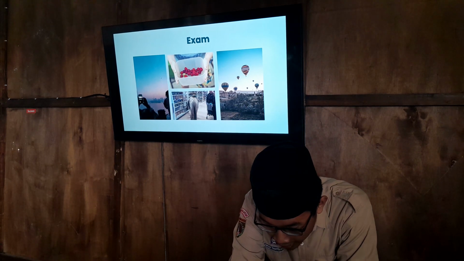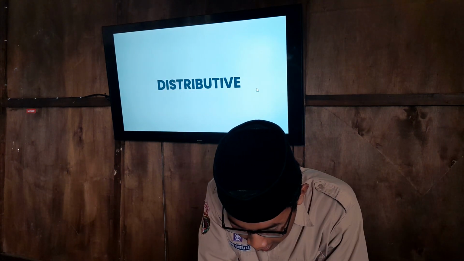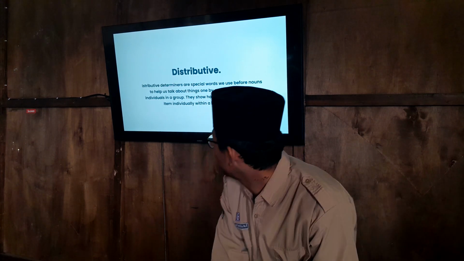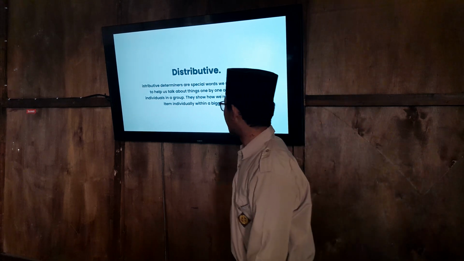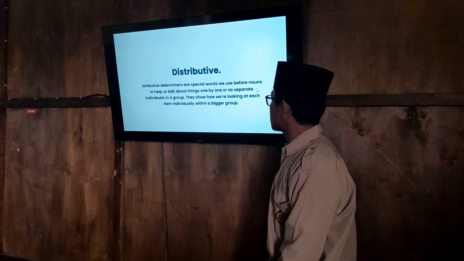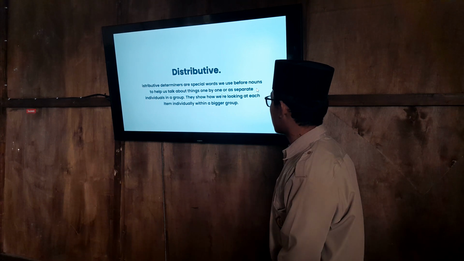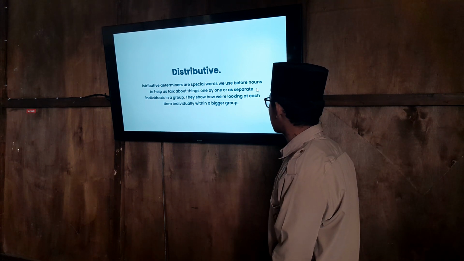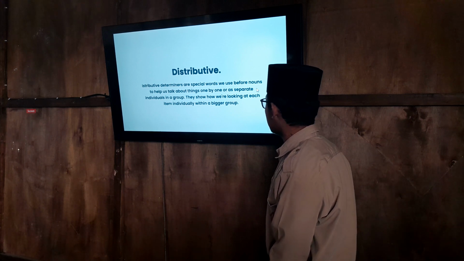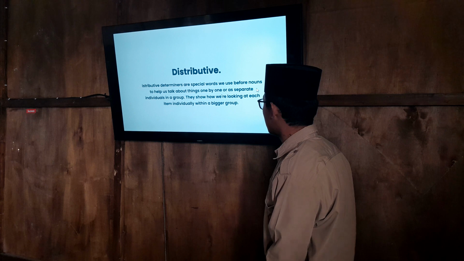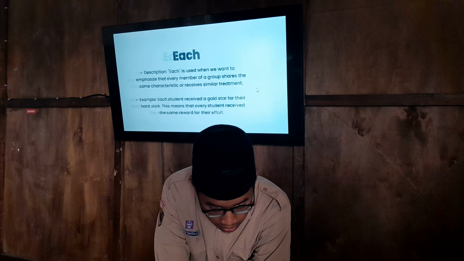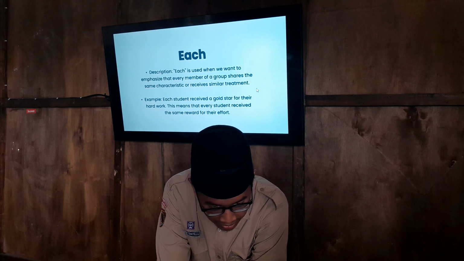Okay. Next, I want to talk about distributives. So what are distributives? Distributive determiners are special words we use before nouns to help us talk about things one by one, or as separate individuals in a group. They show how we are looking at each item individually within a bigger group. So first is "each."